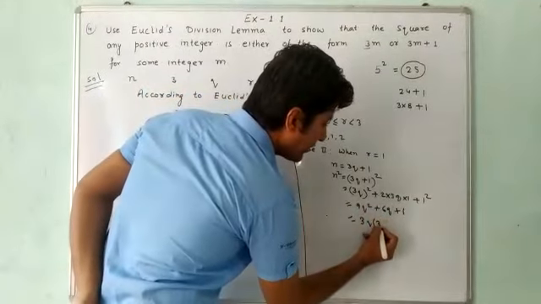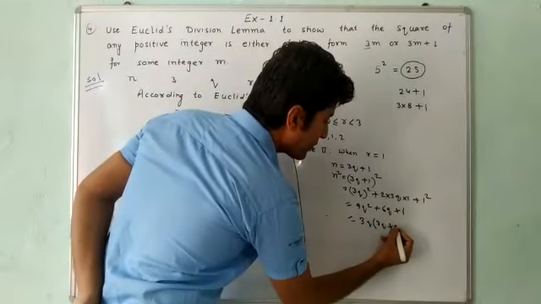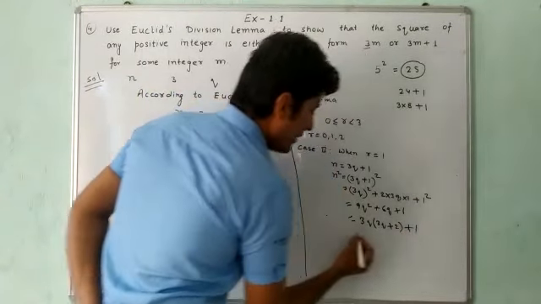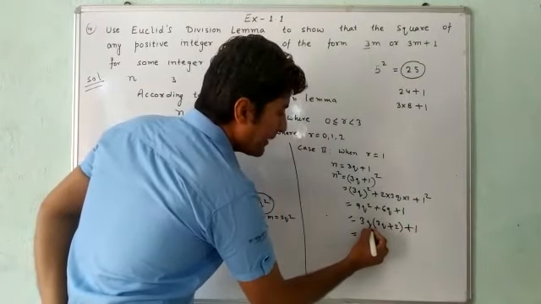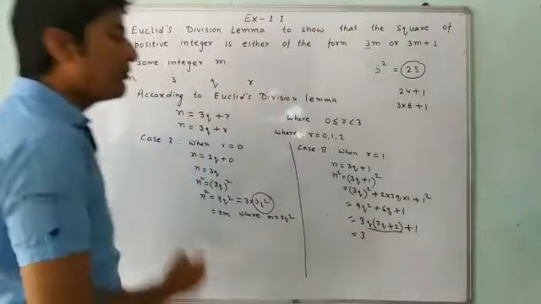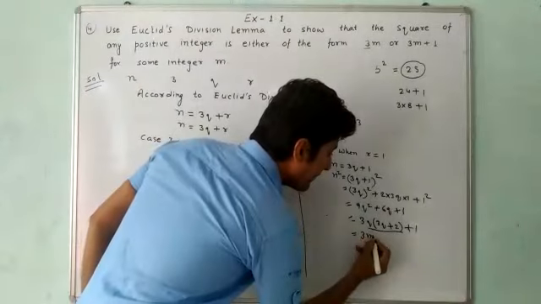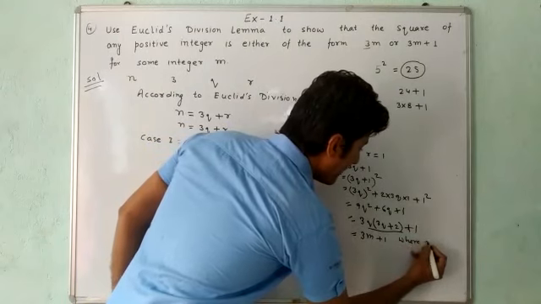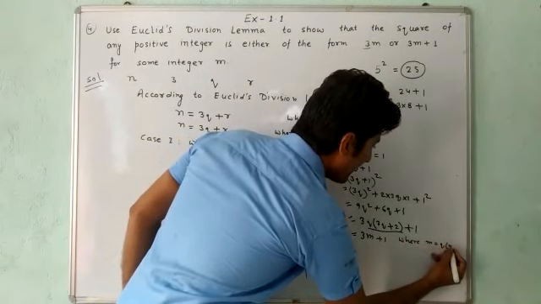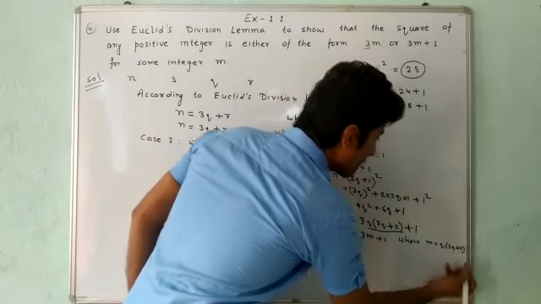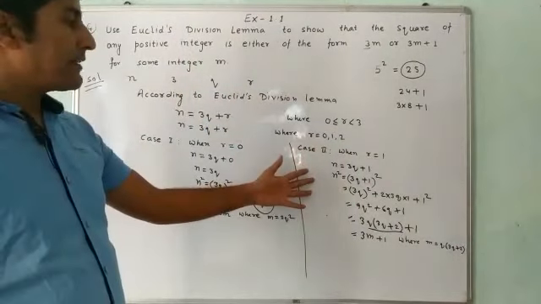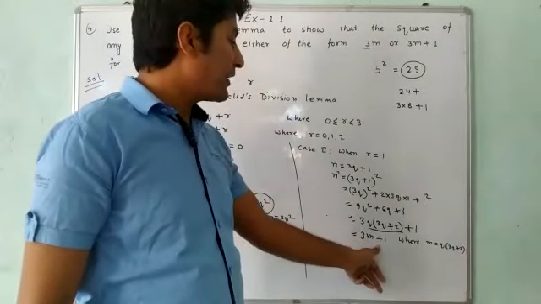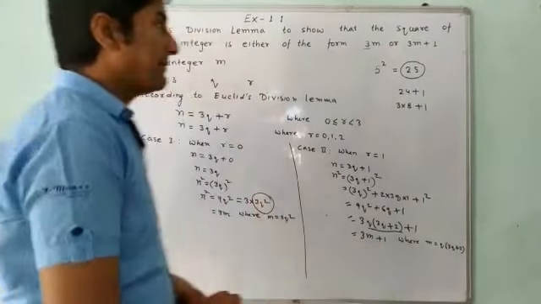So here we can write 3q into 3q plus 2, plus 1. Now 3 will be as it is. In place of q multiplied by 3q plus 2, we can write m, so 3m plus 1, where m equals q into bracket 3q plus 2. So in the second case, we have proved that the square of this positive integer is in the form of 3m plus 1.